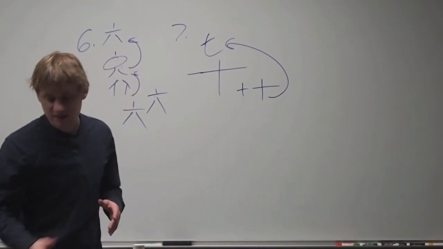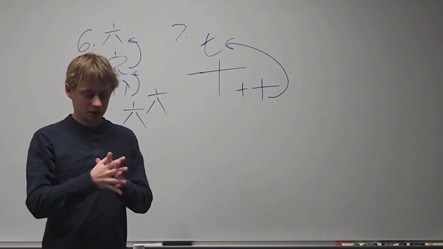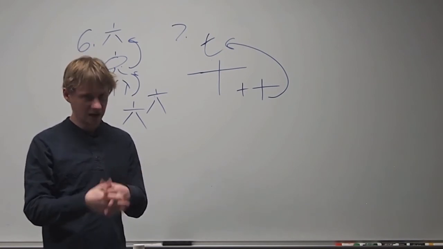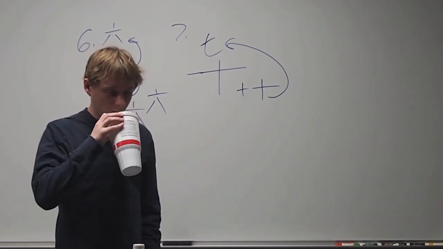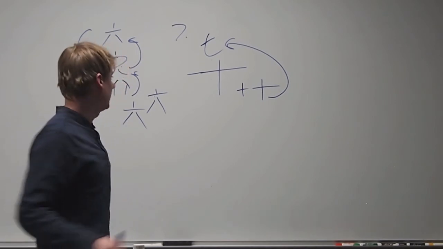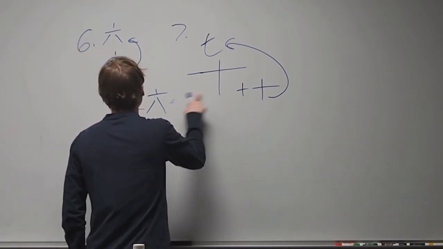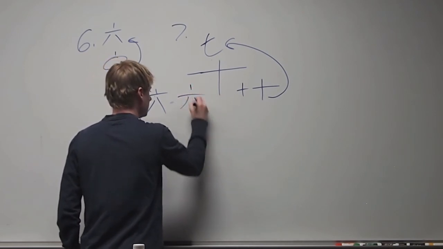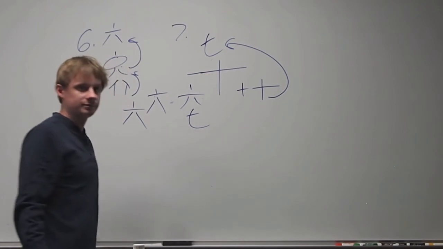But it also represents a clenched fist with a curved finger. I don't exactly know how, but those are those. Okay? So you have 6, and you have 7.